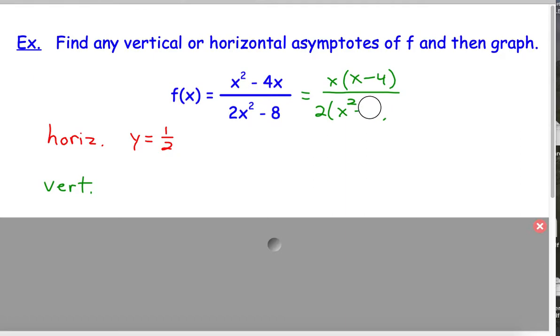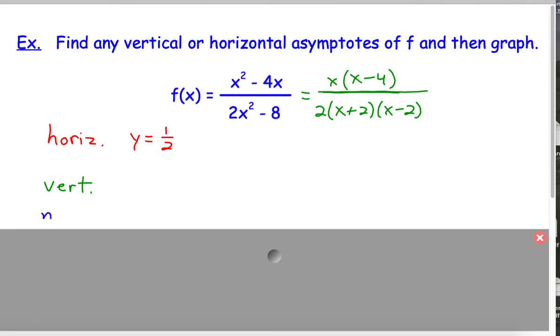That's the difference of two squares. x squared minus 4 is x plus 2 times x minus 2. Now notice there are no factors that cancel, so there are no holes in the graph. Maybe we want to write that. There are no holes in the graph.